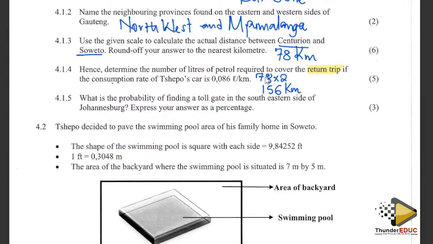Now, for only 1 kilometer, you spend this much liters. What about if you have 156? So we shall need to multiply by 0.086. We should need 13.42 liters of petrol.